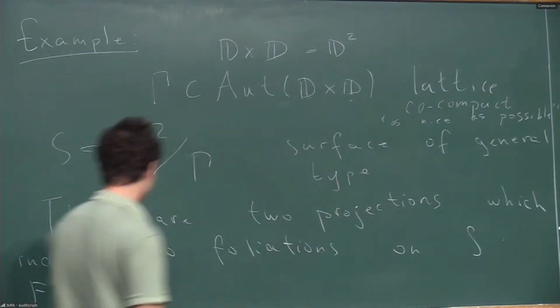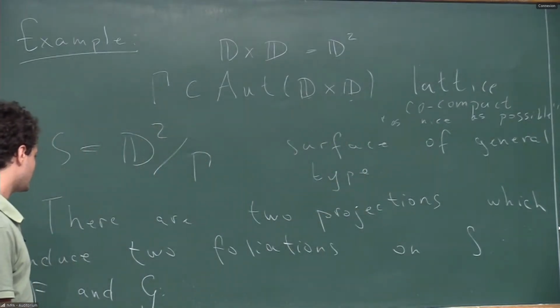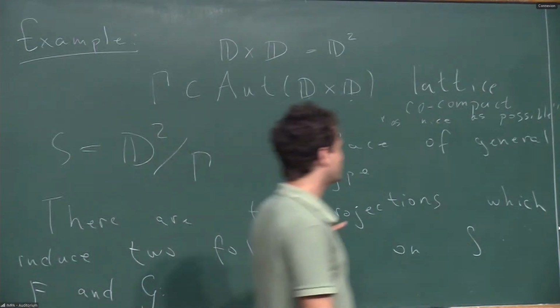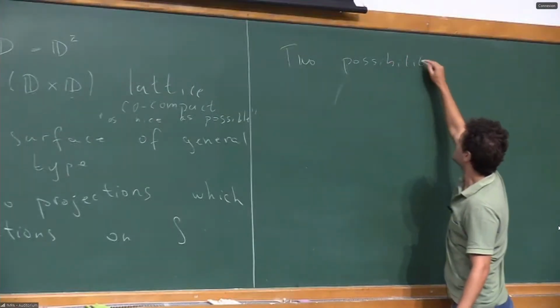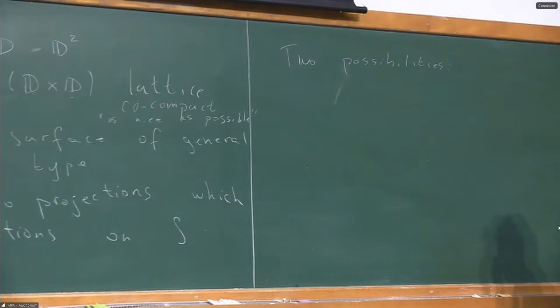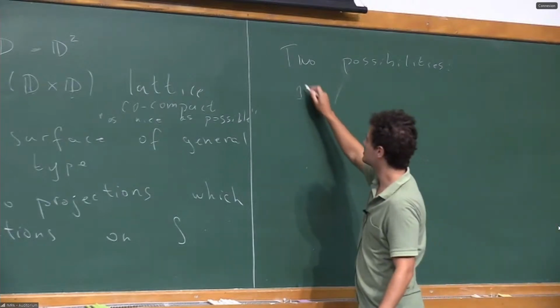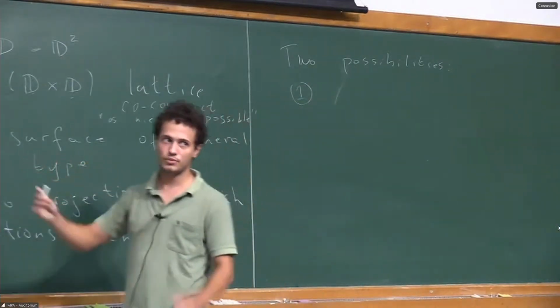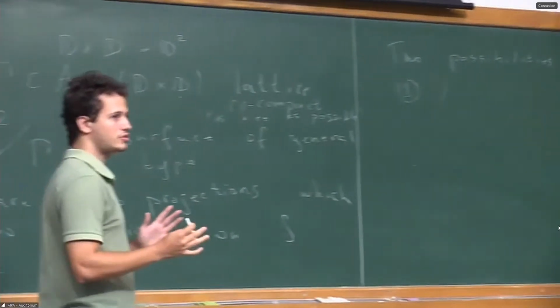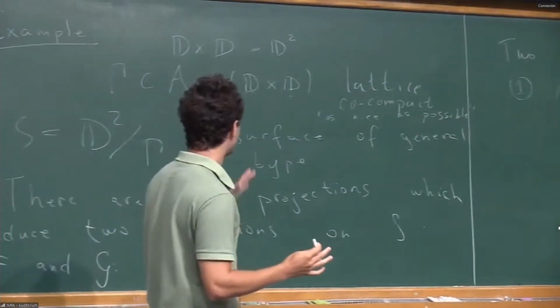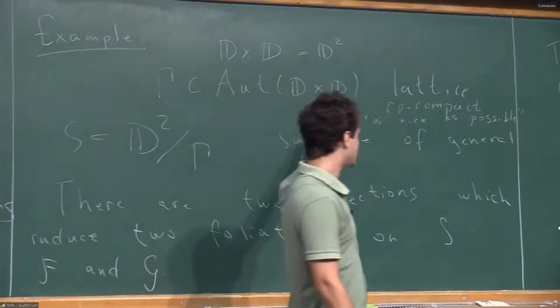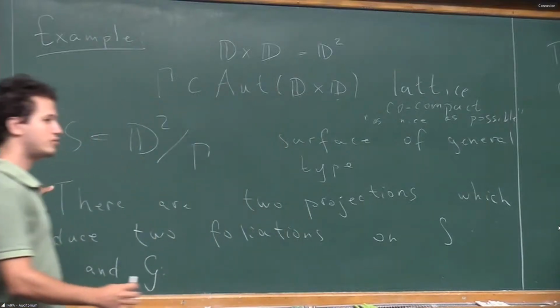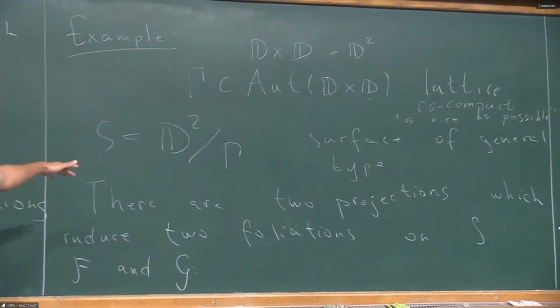Okay. So we have two possibilities here. The first possibility is if this lattice is a product of two groups, subgroups of the automorphism group of D, then in this case, these two foliations will have compact leaves.